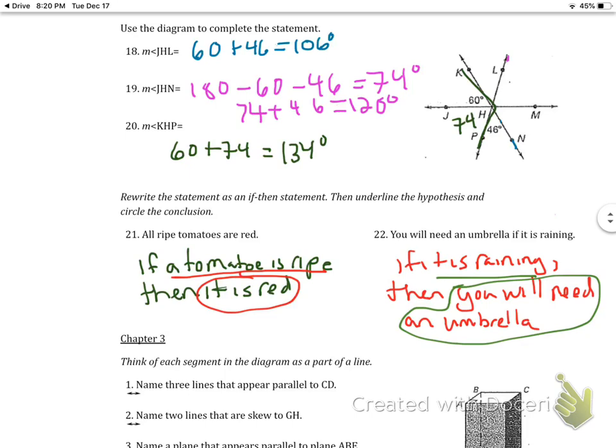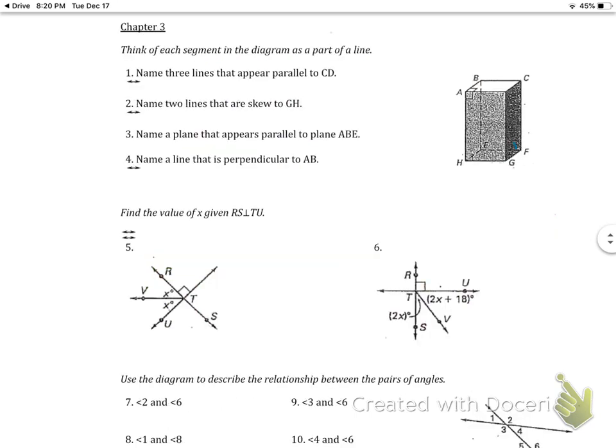Circled there. We see in here that all of the little lines that are supposed to be above the names are missing. So name 3 lines that appear to be parallel to CD. We see that CD is going to be right here. This is the D. You can't really see it. But CD right here, well, we have to name 3.